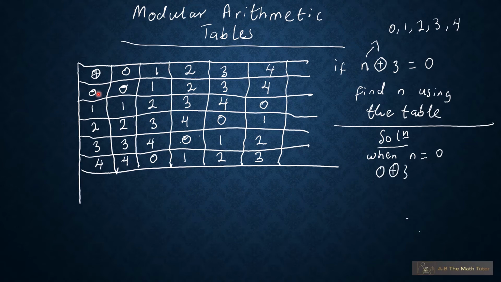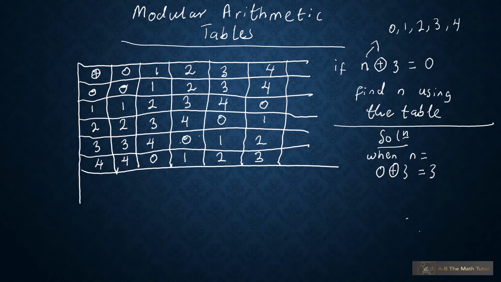So let's look at the table. 0 plus 3, and the answer was 3. So what that means is that n cannot be 0, because when we replaced n with 0, we did not get the final answer to be 0, but we got 3.